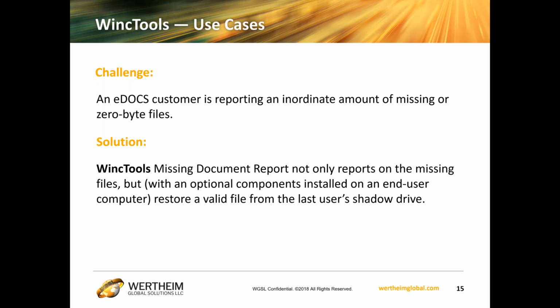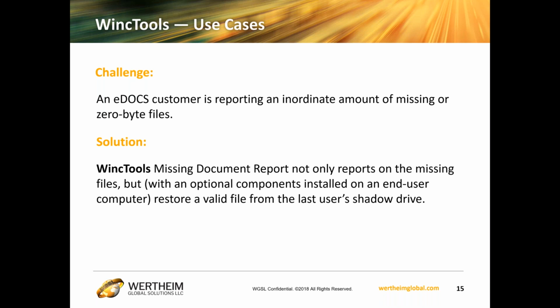This is an interesting one because I was noticing on the eDOCS forum the other day that somebody asked a question about missing and 0-byte files. So how do you identify documents where the file is missing off the document server, or the file on the document server has 0 bytes? We have a report called the missing document report.